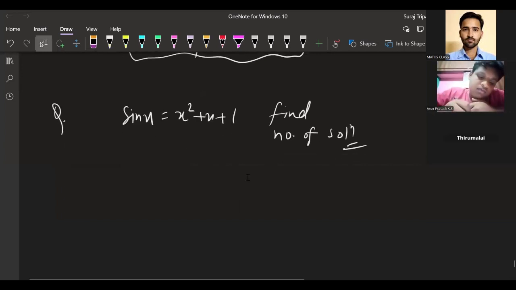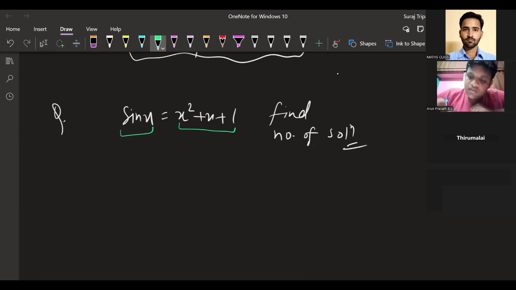Sometimes you can solve the problem algebraically, but sometimes you have to go through the graph. So the question is to find the number of solutions for this equation. Number of solutions means intersections of the graphs of this function and this function.